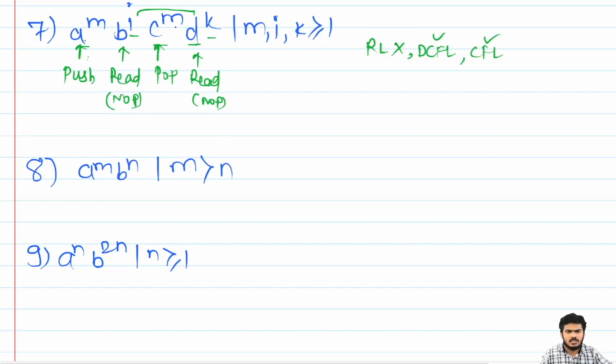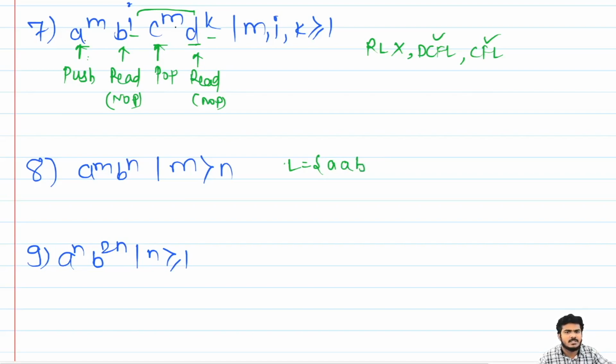In this next example, a raised to power m and b raised to power n, m is always greater than n. When two a's are there, there should be at least one b.